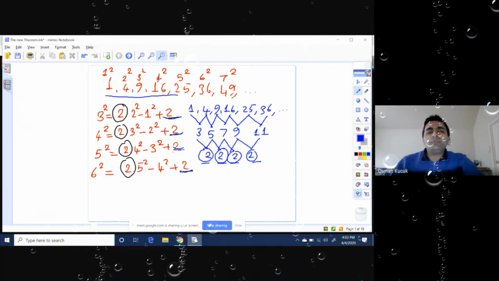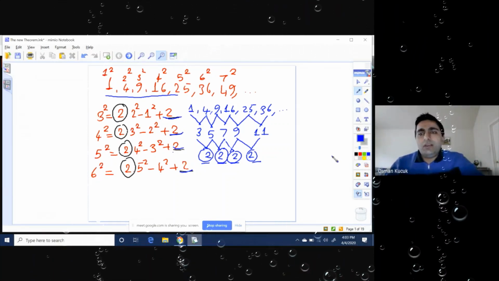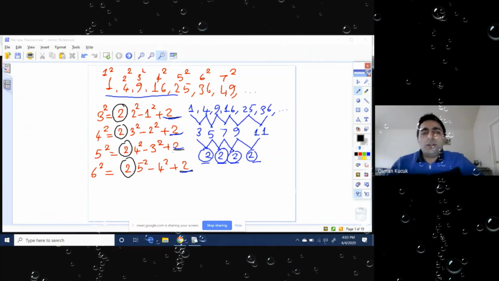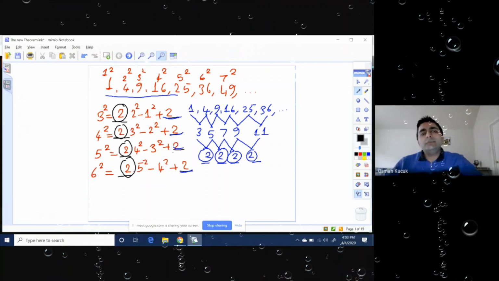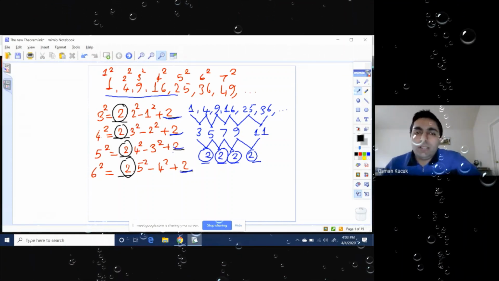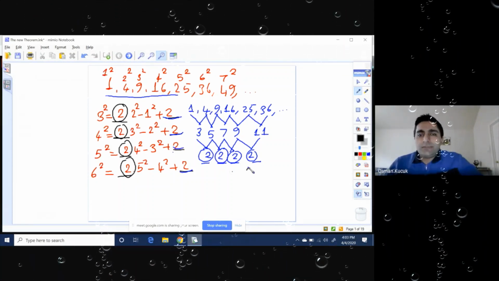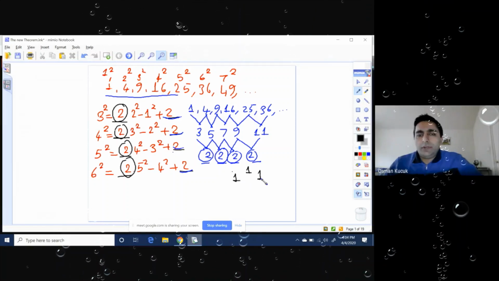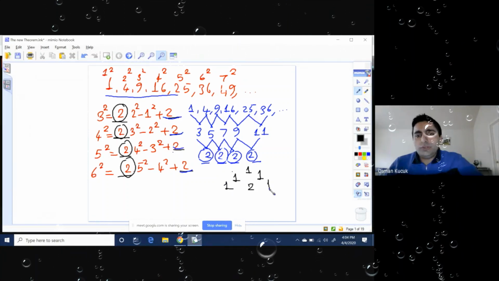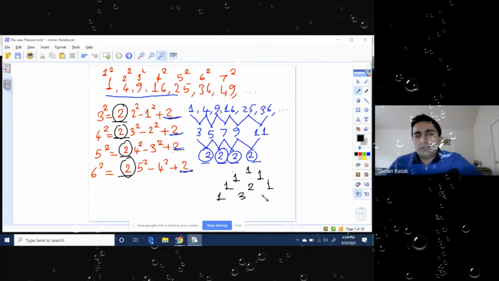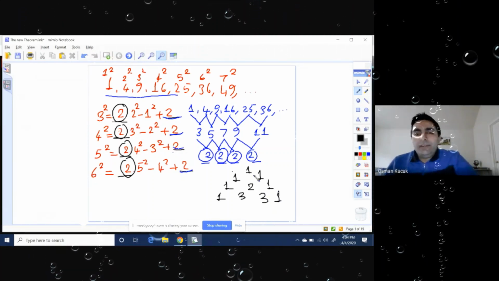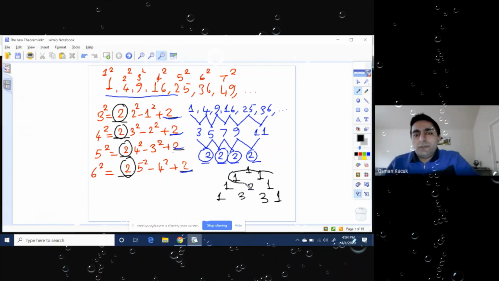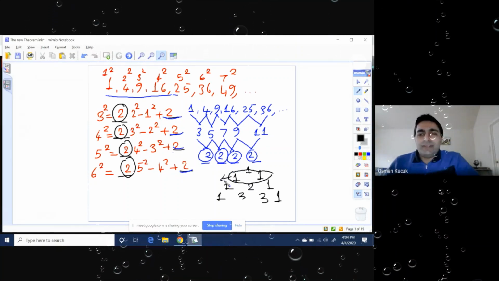The second question the professor asked was, where are these coefficient 2's coming from? Coefficient 2's are coming from Pascal's triangle. Pascal's triangle is 1, 1, 1, 1, 2, 1, 1, 3, 3, 1. If you have a linear equation, the coefficients of your equation must be 1 and 1.